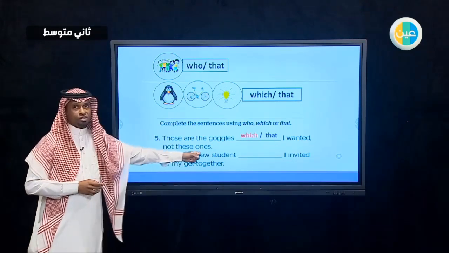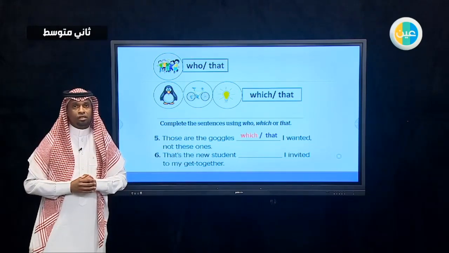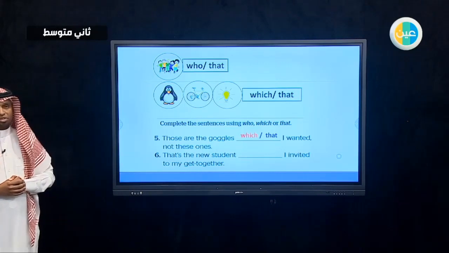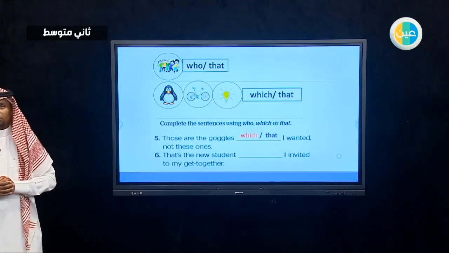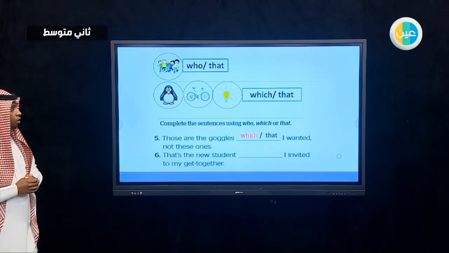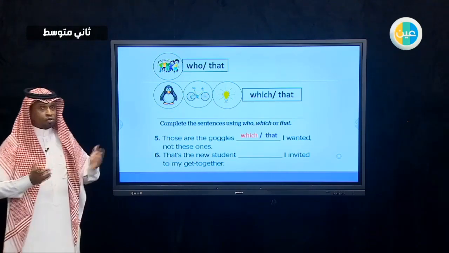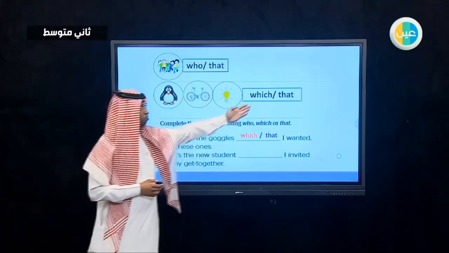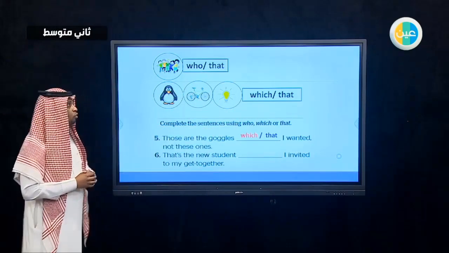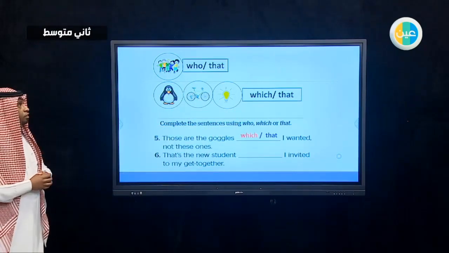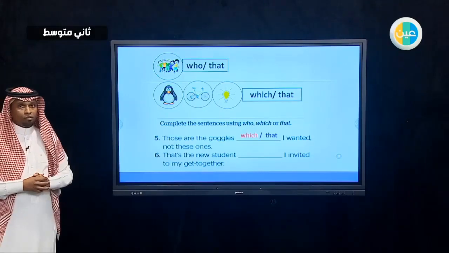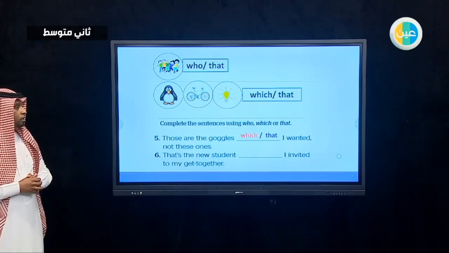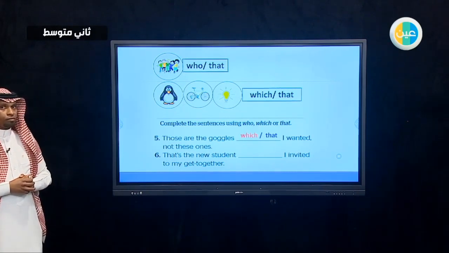Some students think this word means study, يدرس. This is student, student. What do you think about the word student? Of course we can use that with the student, because that can be with any one of these things that we have. What do you think? That's the new student.